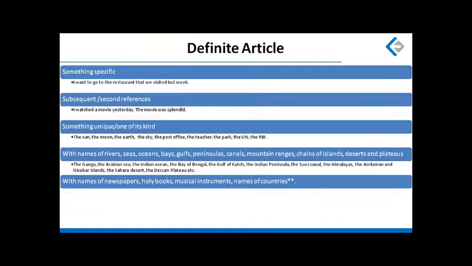Those 5 countries' names start with a U. You have UK, United Kingdom, you have United States of America, USA, you have USSR, the old now defunct Soviet Republic, and then you have UAE, United Arab Emirates. All of these you take a the.